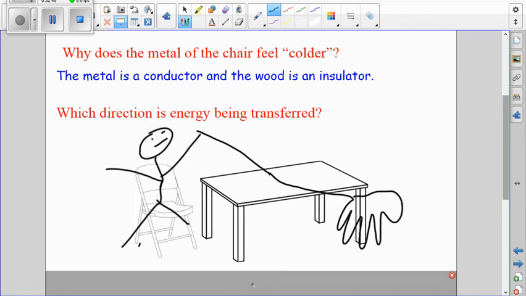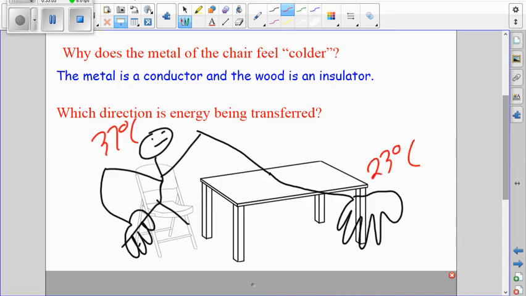There's one paw grabbing the table leg. Other paw down here, grabbing a chair leg. Now again, I'm about 37 C. This table leg's about 23 C. So is this chair leg.